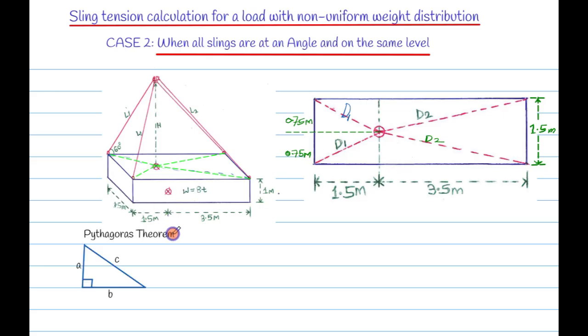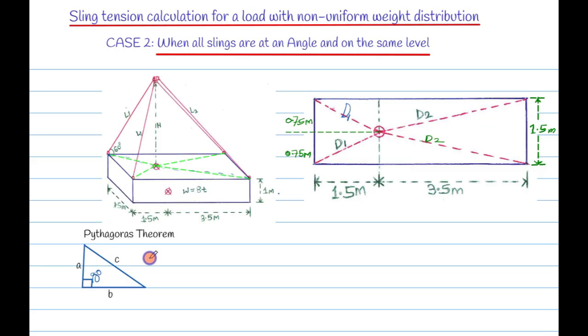Now, for us to calculate this distance D1 and this distance D2, we need to use Pythagoras theorem. In a right angle triangle, Pythagoras theorem is used to calculate the size of the triangle. A right angle triangle is a triangle that has one of the angles as 90 degrees.